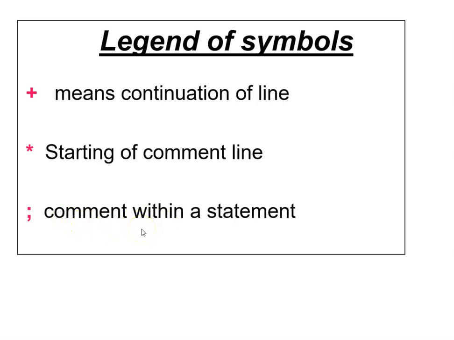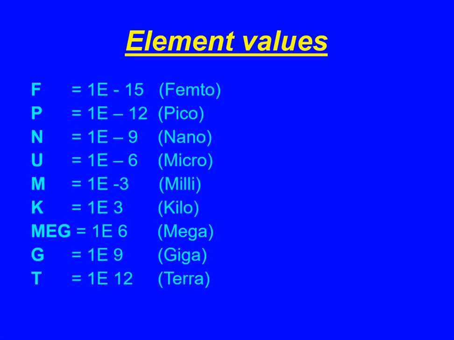Within a statement, we can comment our program using a semicolon. The scale factors which we can use as element values are F for femto, P for pico, N for nano, U for micro, M for milli, K for kilo, MEG for mega, G for giga, and T for tera.